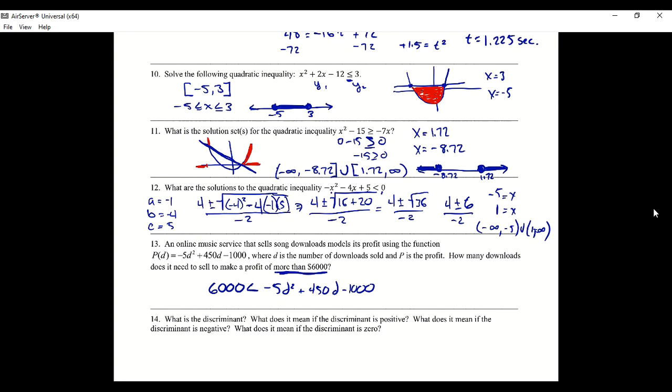Hit graph. We can see our parabola. We don't see the top of it, but that's fine because we see where it intersects with our line. So second trace 5. Enter, enter, enter. Our first intersection is at 70.